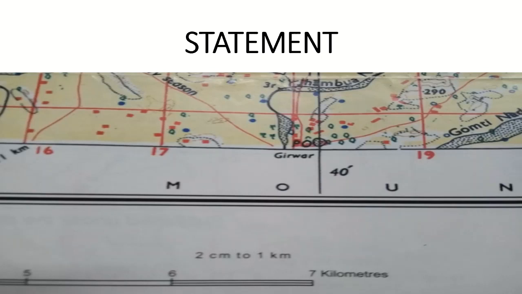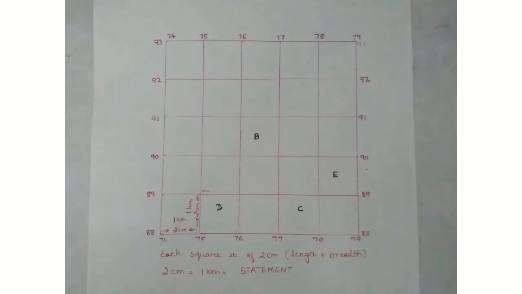All the survey sheets will have one square of length 2 centimeters and breadth 2 centimeters, which represent 1 kilometer and 1 kilometer. Here you can see in one of the blocks I have written 2 centimeters lengthwise and breadthwise also 2 centimeters.